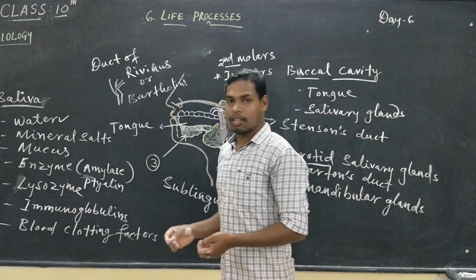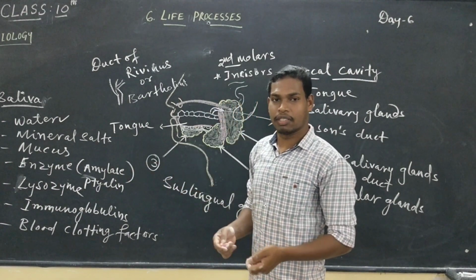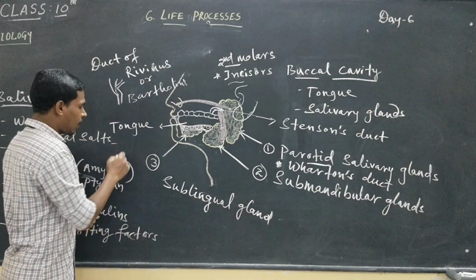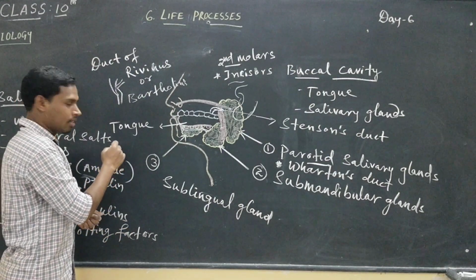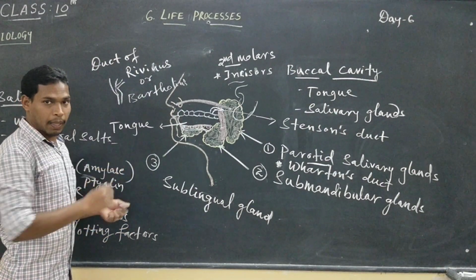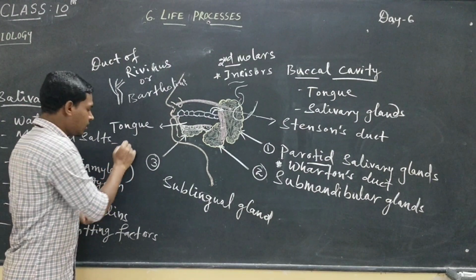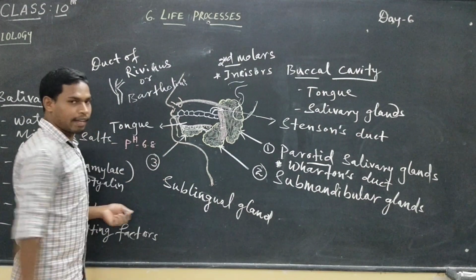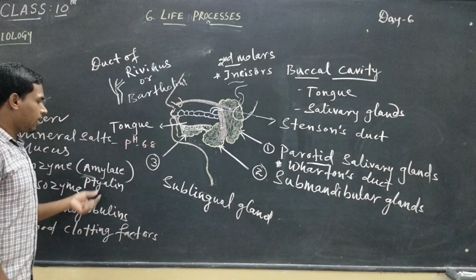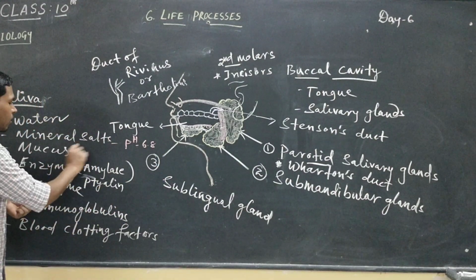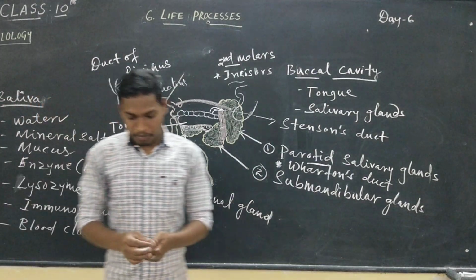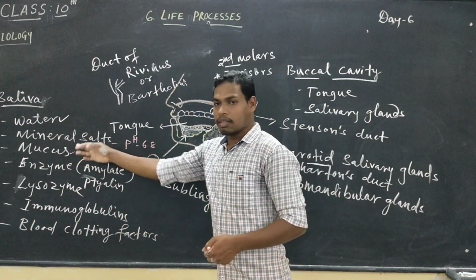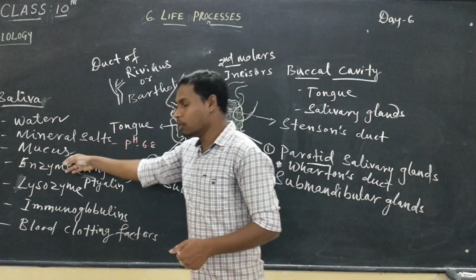Next is mineral salts. Mineral salts will maintain pH. Saliva is slightly acidic in condition, so its pH is 6.8. Next, mucus. The glands have mucus cells.